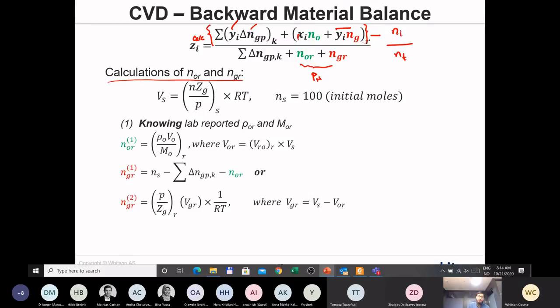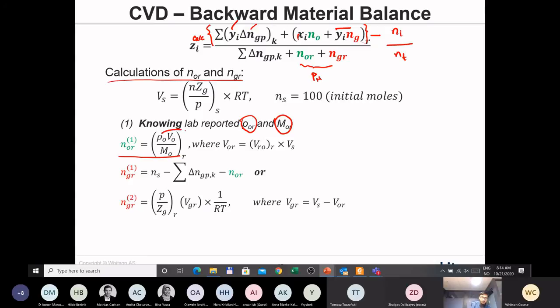And now there are different ways of getting this NOR and NGR, the residual oil moles and the residual gas moles at the abandonment pressure. The first method is that if you know the residual oil density and the residual oil molecular weight, then we can simply use this relationship here for calculating the moles of the residual oil, and that's simply the density times volume.